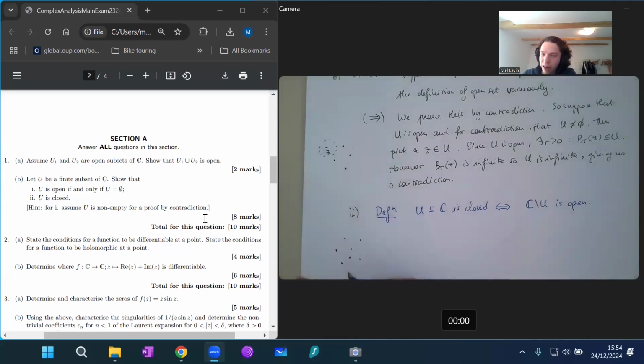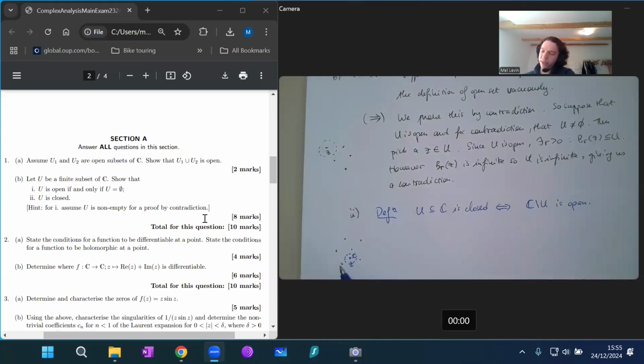To show C without U is open, we start with an arbitrary Z in the set and show that we can find a ball which is completely within this set, so a ball which doesn't contain any of the points in the finite set U. It seems obvious that we can do it, but how do we actually do it?